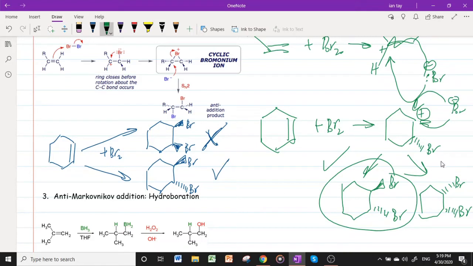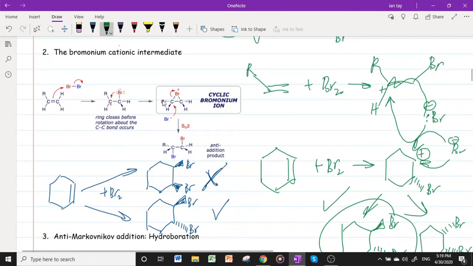So why is this so, and how can we explain this? This can be rationalized by the fact that there's a bromonium intermediate. When the C=C double bond, the pi bond, attacks the bromine molecule, what is formed instead of a carbocation is a bromonium ion, where there's a bridge formed by the fairly large electron cloud of the bromine atom.